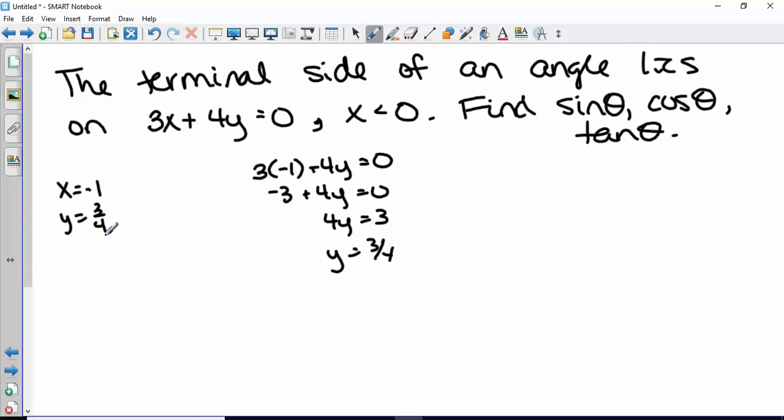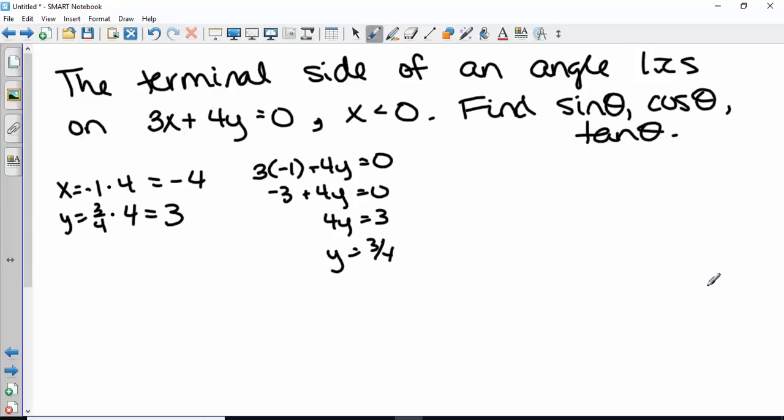If you don't like having fractions, if that bothers you, there's an easy solution. If you don't want 3/4 to be a fraction, what would you have to multiply by? 4. So if I multiply y by 4, you just take your x times 4. So we could use negative 4 and positive 3 if we want to avoid fractions. So you just multiply by the denominator, yep.